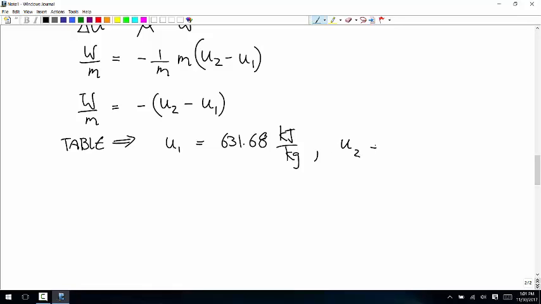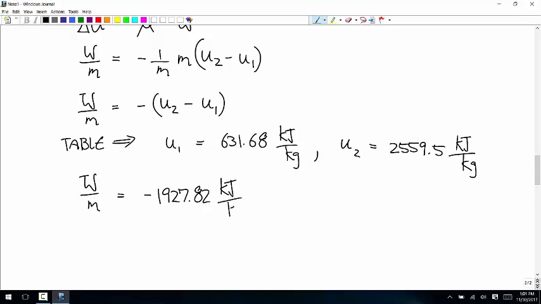And as a saturated vapor, it's 2559.5 kilojoules per kilogram. And so the work per unit mass is equal to negative 1927.82 kilojoules per kilogram.